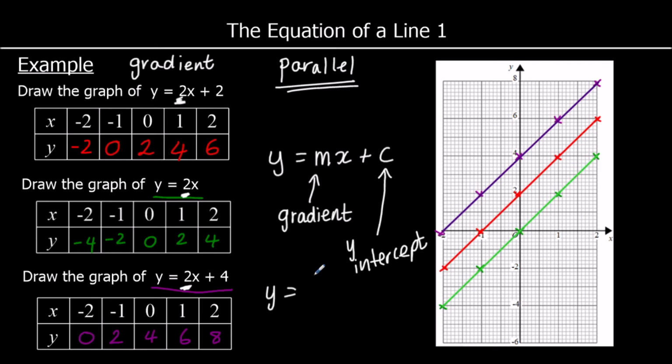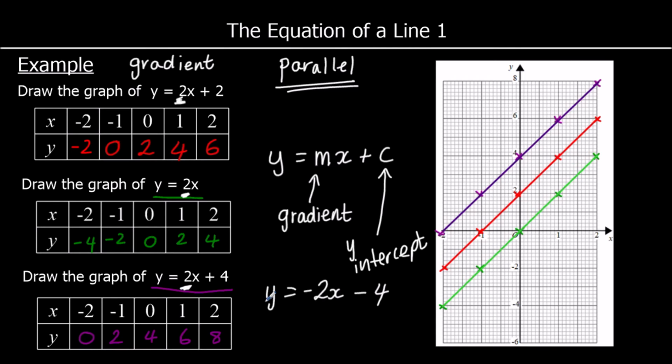So if we had y equals negative 2x minus 4, we'll say there's a gradient of negative 2. So it will be going down in 2s. Every one it goes across, it'll be going down 2. And it will cross the y-axis at negative 4.